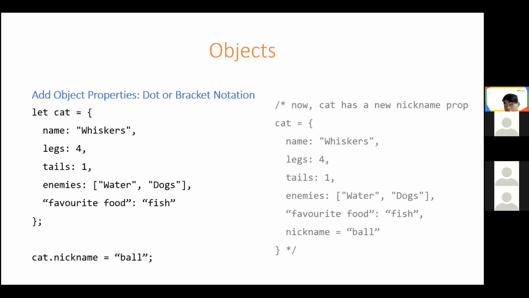Next, if you want to add new properties to existing JavaScript objects, you can do it the same way you would modify them. So now I'm going to add a new property called nickname. I just do it on the left-hand side, cat.nickname, and I give it its value. So now cat will have a property called nickname with a value of 4 to it.